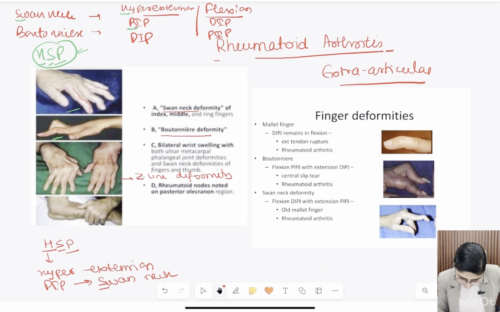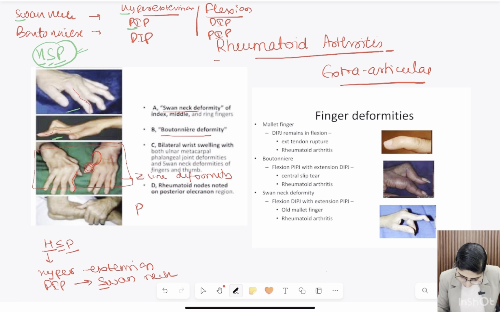A Z-line deformity is when there is subluxation of the first MCP joint with flexion of the first IP joint. Actually, these hands have many deformities in them, right? And this also shows a swan neck deformity. So Z-line deformity is also there. Z-line deformity is subluxation of the first MCP joint with flexion of the first IP joint.